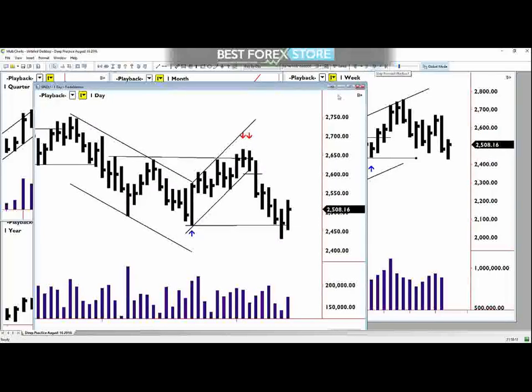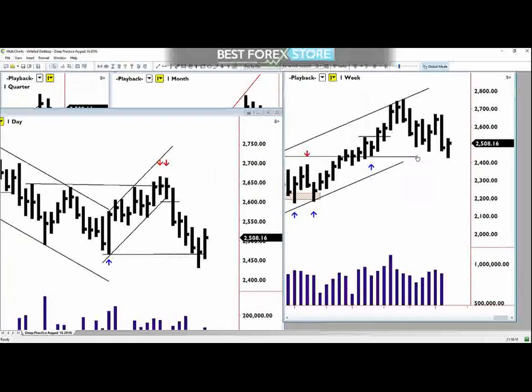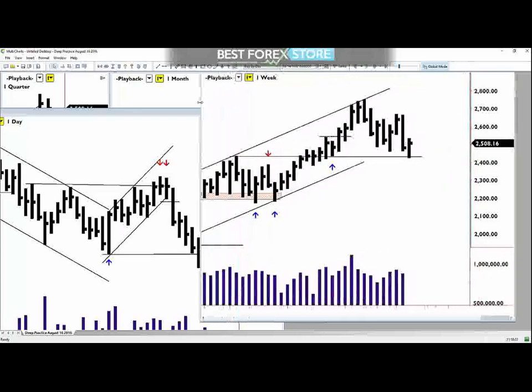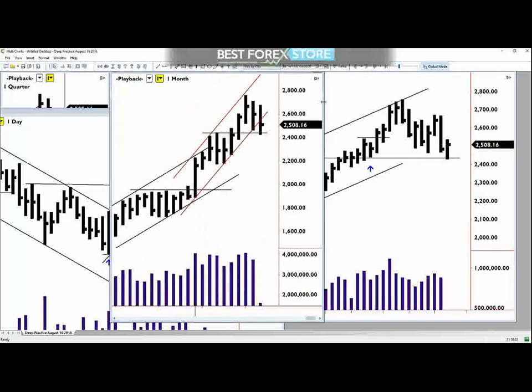Yeah. So here we are in the weekly. Notice where we are, by the way. We're at that 2400 level we were talking about earlier. Let's go back and look at our charts in here. Okay. We're at that 2400 level on the weekly. Let's look at it on the monthly.